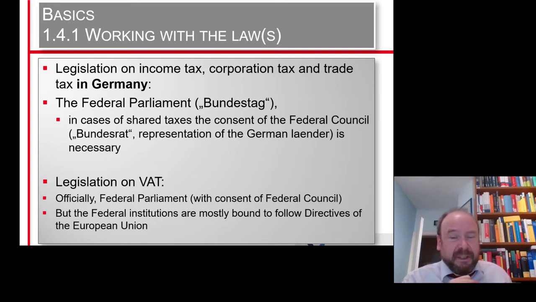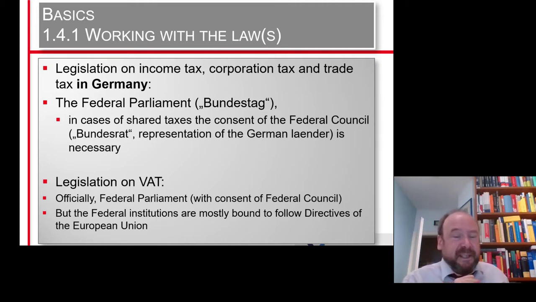That is in Germany, as we have a two-chamber parliament, the federal parliament, the Bundestag, and sometimes it also needs the consent of the other chamber, the representation for the laender, that is the Federal Council or Bundesrat.